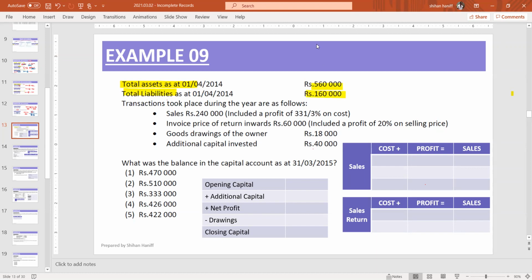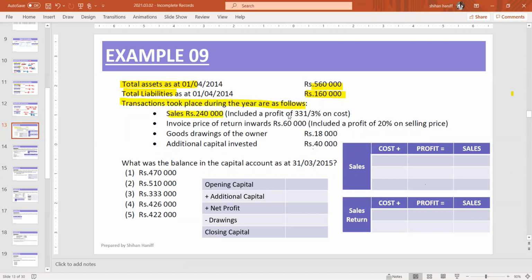Total liabilities 160,000. Transactions that took place during the year are as follows.